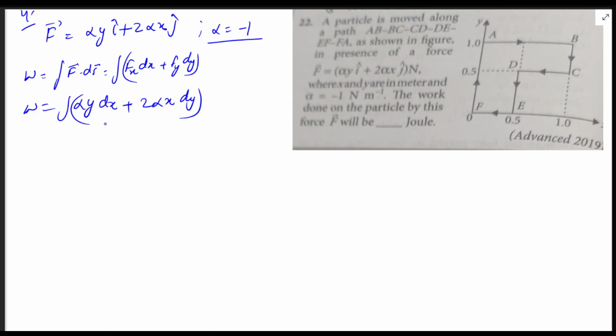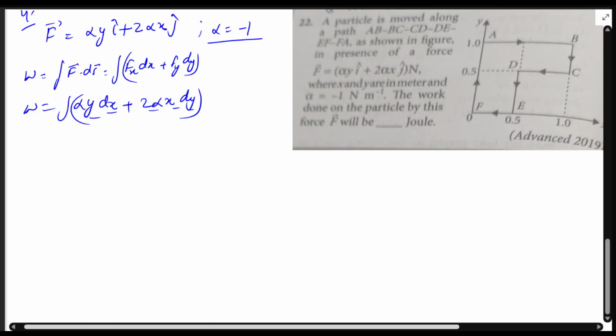Now again the same problem we have. What? It is y dx, but it is 2x dy, right? So how will we solve it?